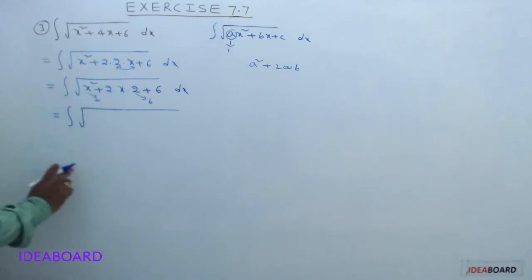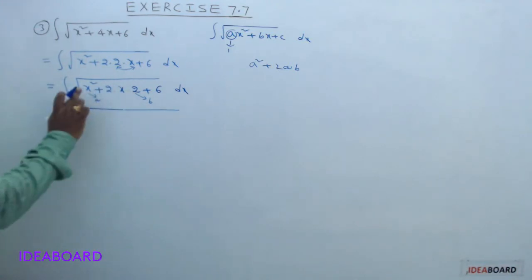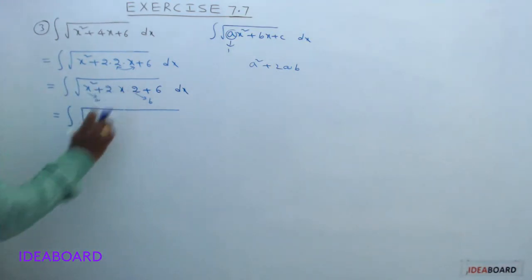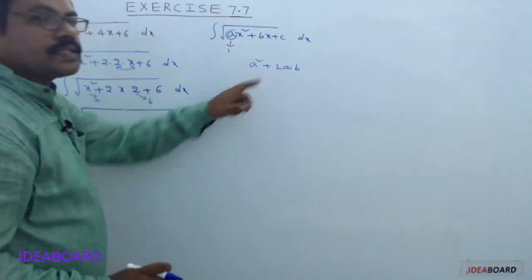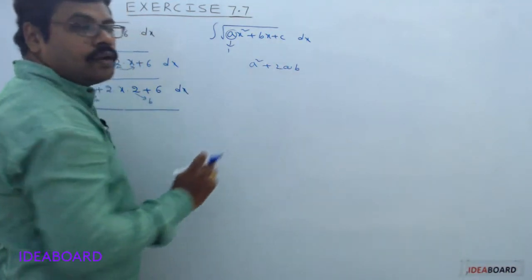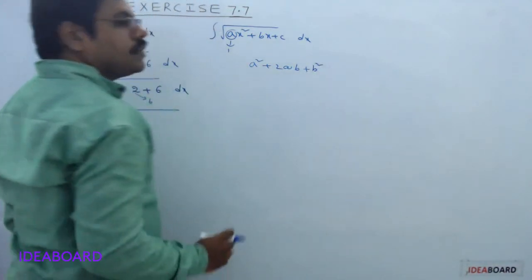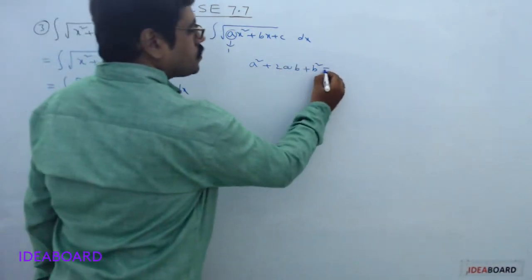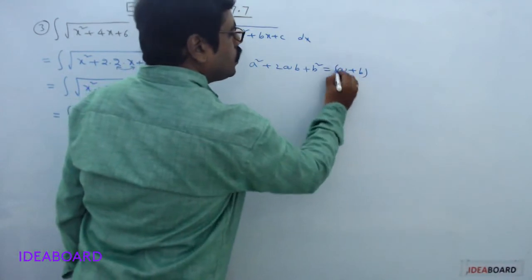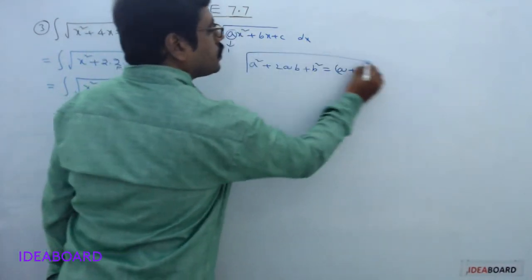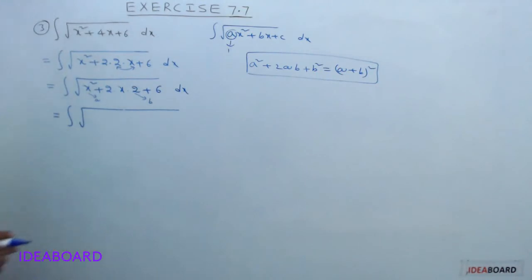To make this expression a perfect square, we need one more term, that is b square. So a square plus 2ab plus b square, what is its formula? A plus b whole square. So here, to make this expression a perfect square, we need one more term, that is 2 square.